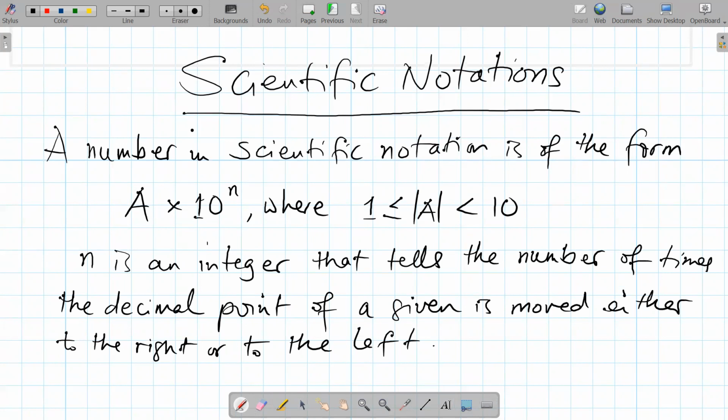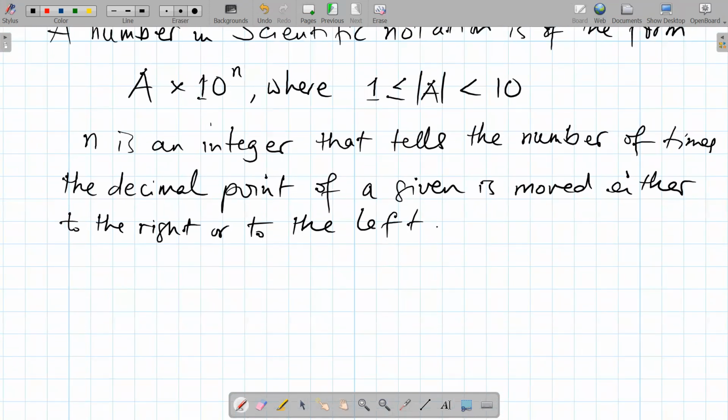Okay, so that is what the n there stands for.